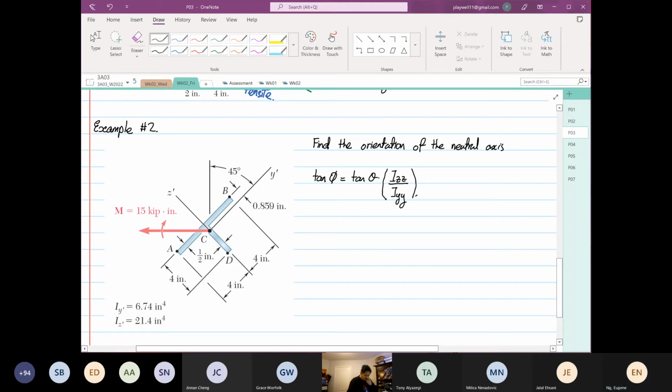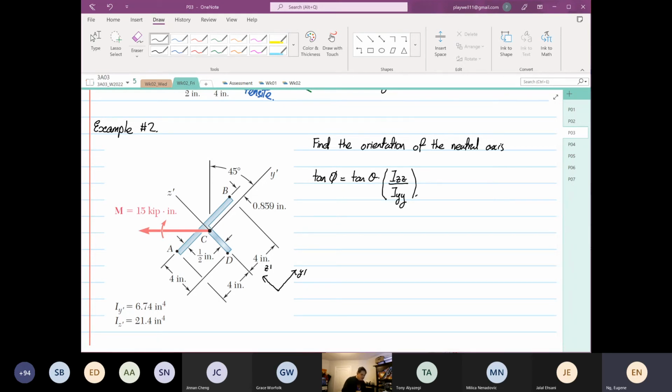Now if you look at this orientation over here, our y prime is in this orientation, and our z prime is this orientation. This is just confusing us.